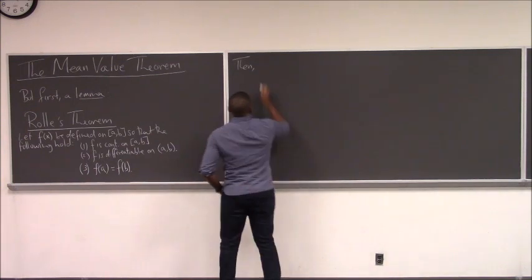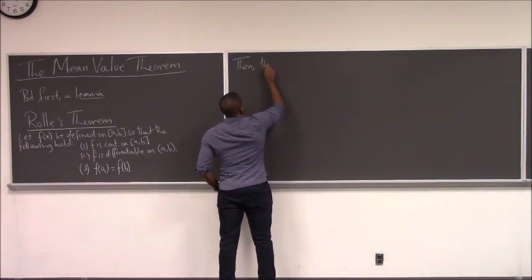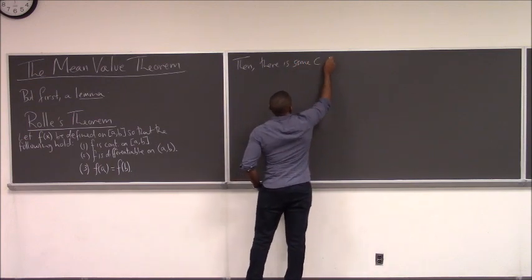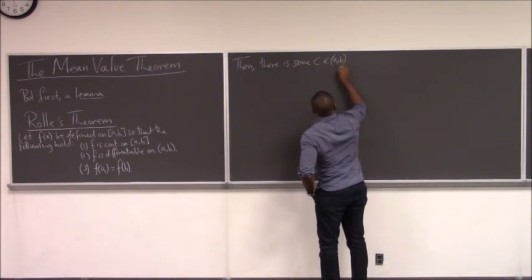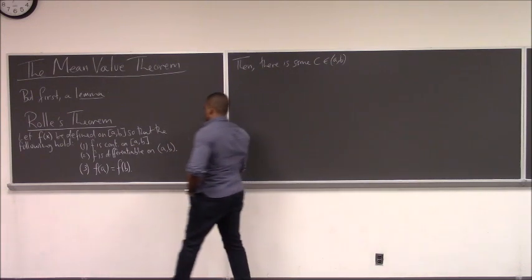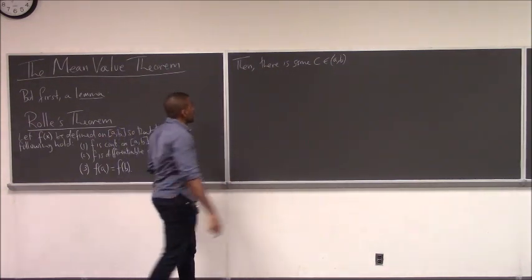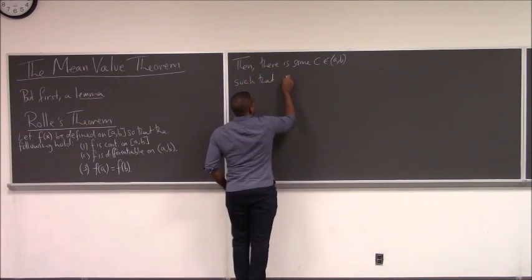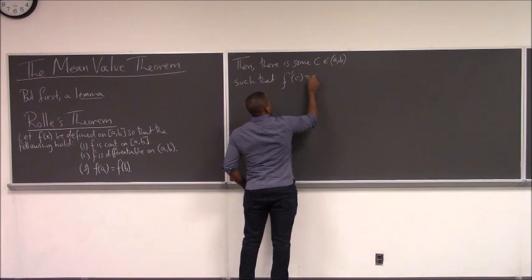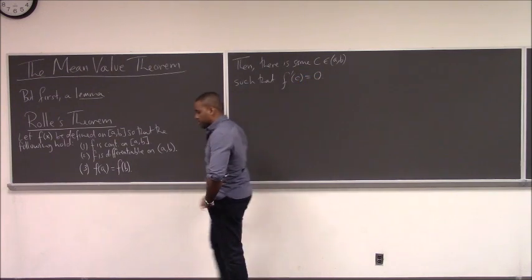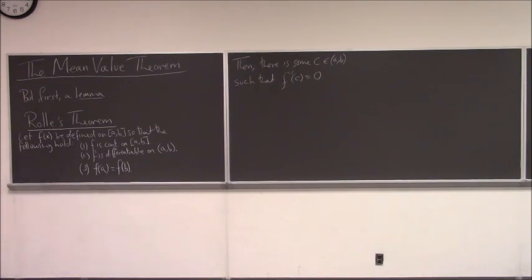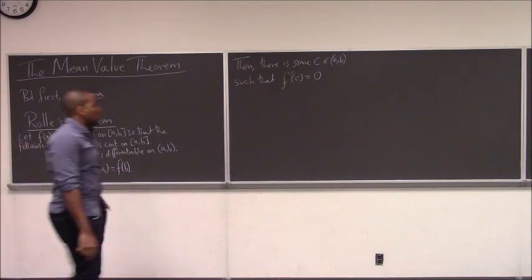Then it turns out there is some c in the open interval, so there's at least one, such that f prime of c must be 0. A function that behaves in this way will have to have a point inside the interval a b where its derivative will be 0.